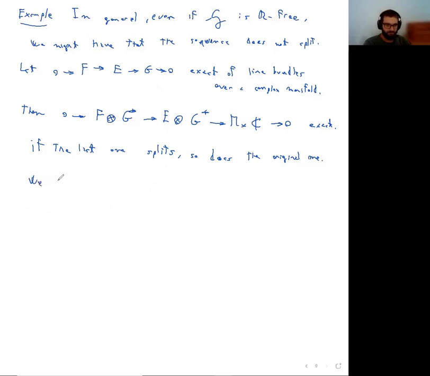So we will see that not all exact sequences of line bundles split. So this is a half example because it's using something we don't know yet. So for another example, we would need an example of an exact sequence of line bundles over a complex manifold which is not split. This we never saw before, but I can promise you it's true.